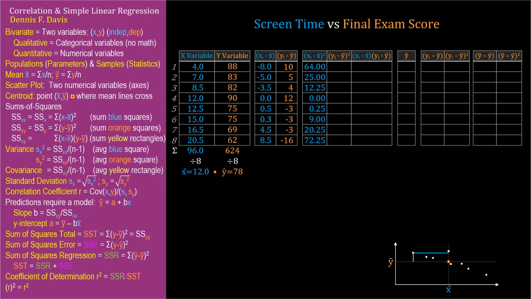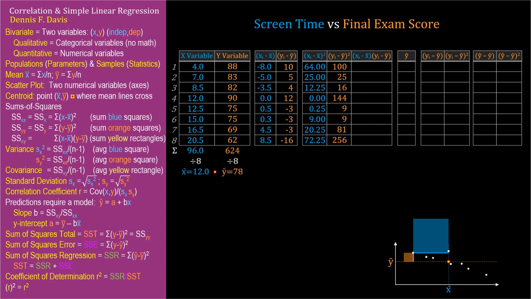They all have units of hours squared, and on the scatter plot we drew them as blue squares constructed on each blue horizontal line. Likewise, since y minus y bar is 10, y minus y bar squared is 100 here, and we square all the other y minus y bar values. Their unit of measure is exam score points squared. On the scatter plot we drew them as orange squares constructed on each orange line.